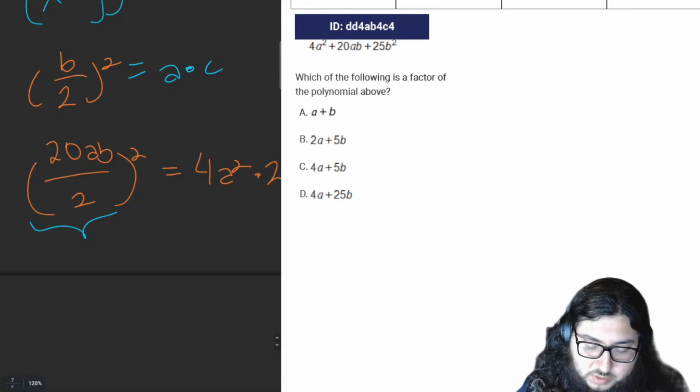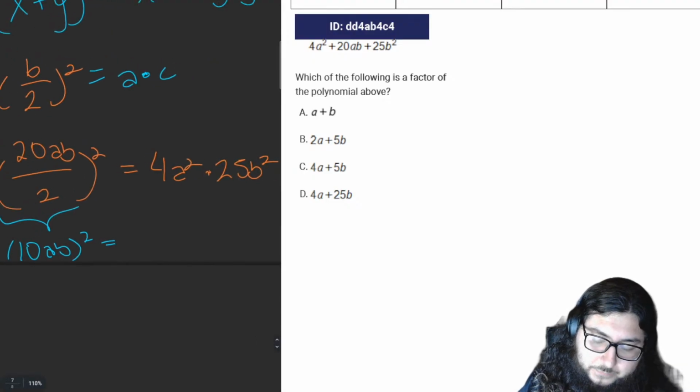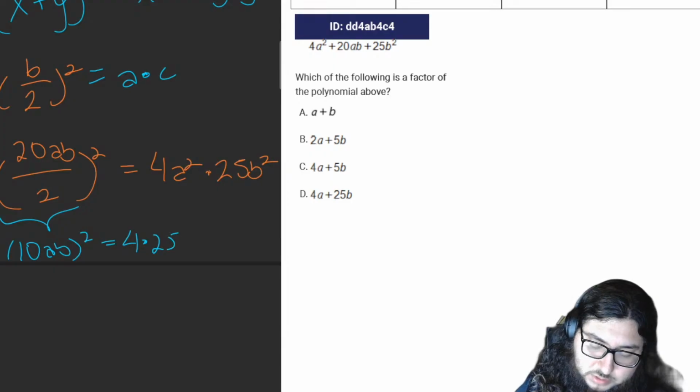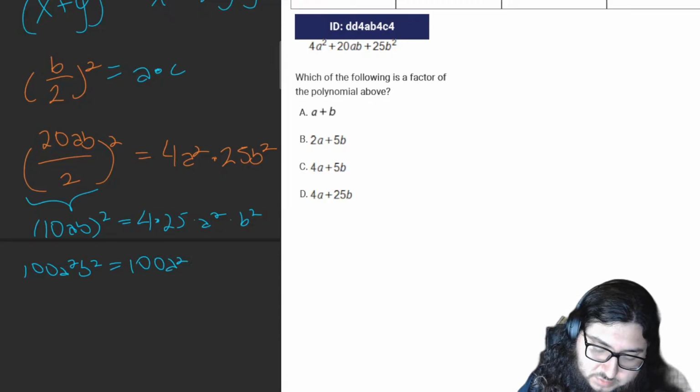So in this case, 10ab squared is equal to 4 times 25 times a squared times b squared. So we have to square everything inside the parentheses. 100 times a squared times b squared is equal to 100 times a squared times b squared.